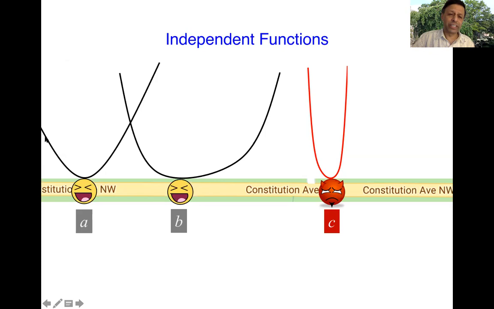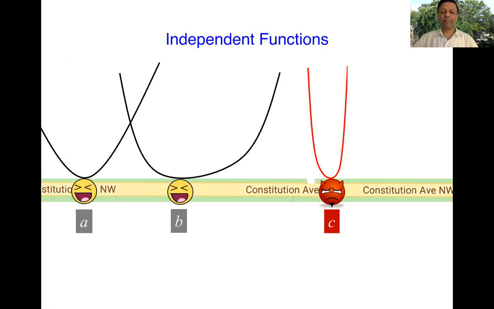In this picture, these curves here are the cost functions. For example, for agent B, this is the cost function. And as you step from the current location of agent B to the left or right, the cost increases as a function of how far you're going from the current location of the agent, and similarly for the other 2 agents as well.